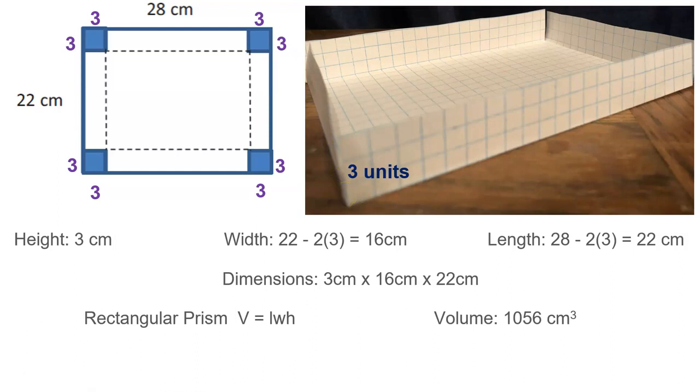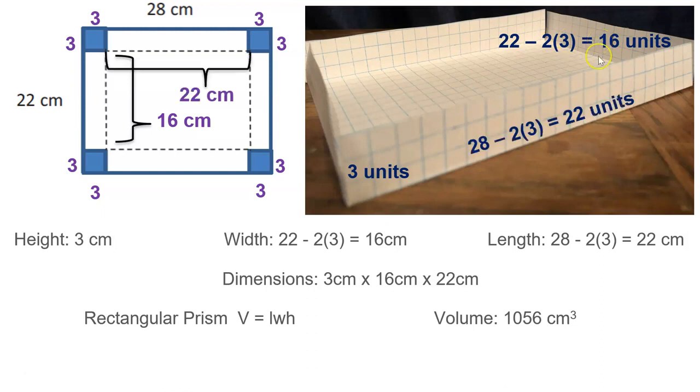That means that the width will be 22 minus 2 times 3, so 16 units, and the length is 28 minus 2 times 3, which is 22 units. The box is a rectangular prism, so the volume is found by multiplying the length times width times height. This produces a volume of 1056 cubic units.